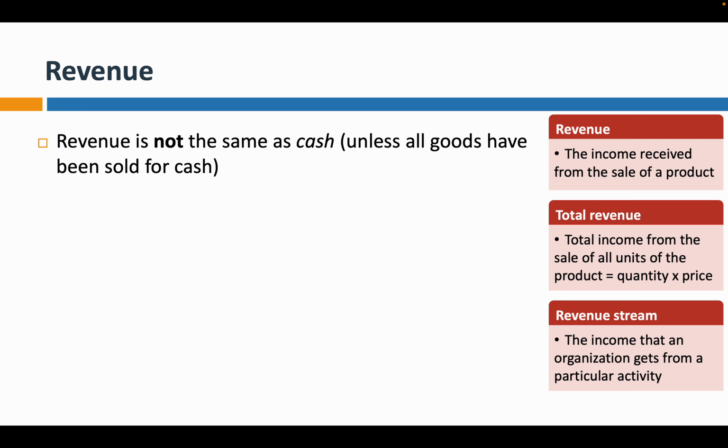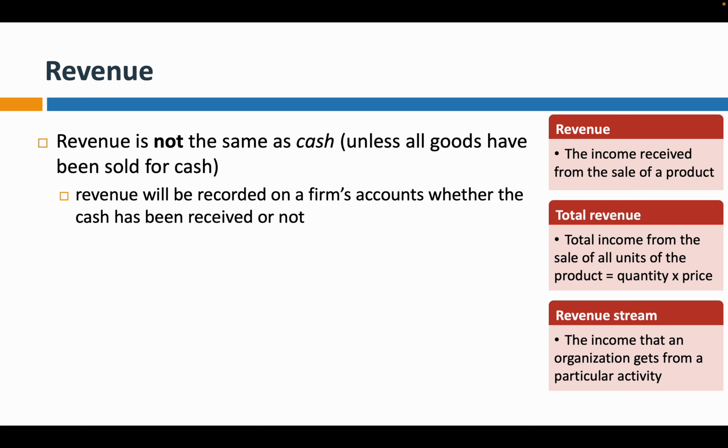So the fact that I make the sale does not mean that I receive the cash at the same time. I might receive the cash later. However, in my accounts, I'll see the revenue coming in at the moment I make the sale. So the revenue will be recorded on the firm's accounts, whether the cash has been received or not.